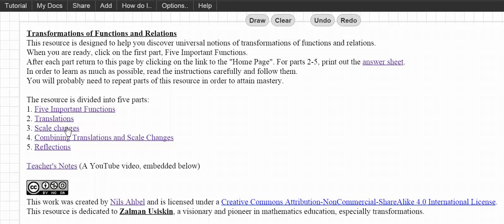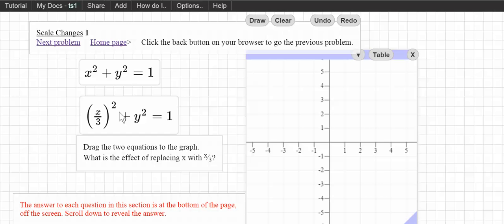Now students should continue on to scale changes. The approach taken here is to start with a circle. Note, students do not need to know anything about equations of circles in order to understand scale changes. They simply drag this equation over and they'll see that it's a circle. And the question is, what is the effect of replacing x with x divided by 3?